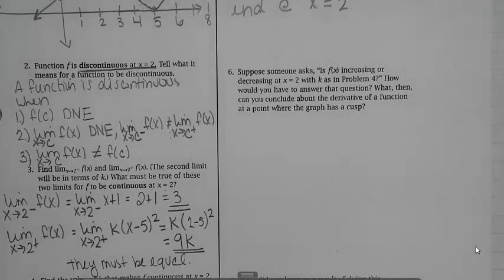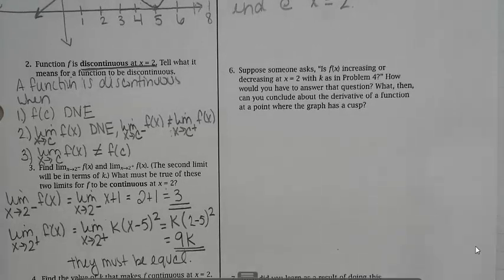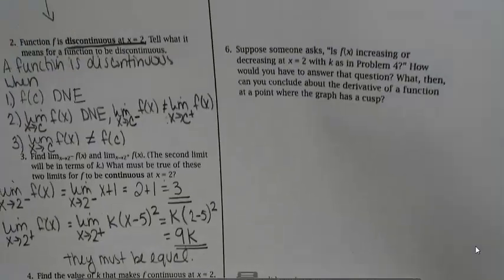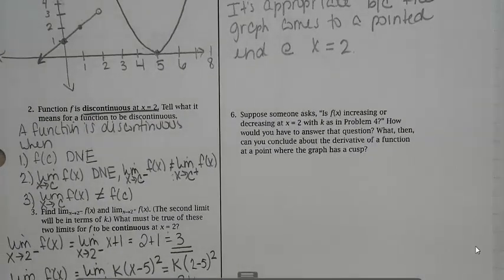Number 6, so suppose someone asks, is f of x increasing or decreasing at x equals 2, with k as in problem 4? So with the k that we have, the 1/3 that we got right here. How would you have to answer the question?